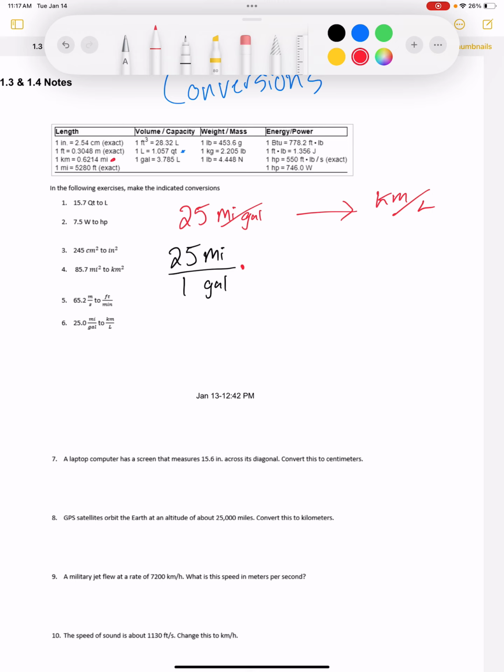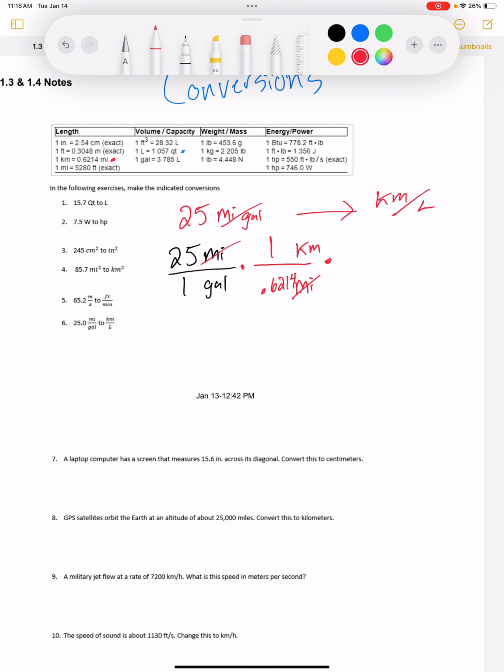I want my miles to go away and I want my kilometers to be there. So I know I need my miles right here. And then my kilometers, in this case, 1 kilometer is equal to 0.6214 miles. The miles cancel out, and now my distance will be in kilometers.